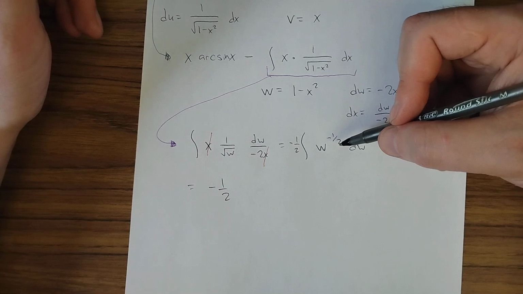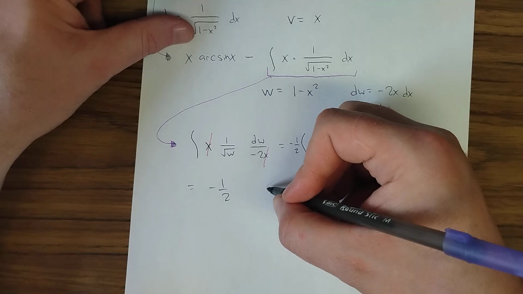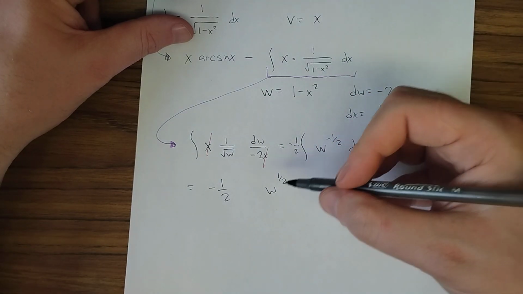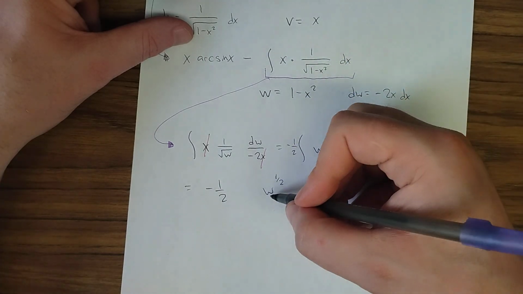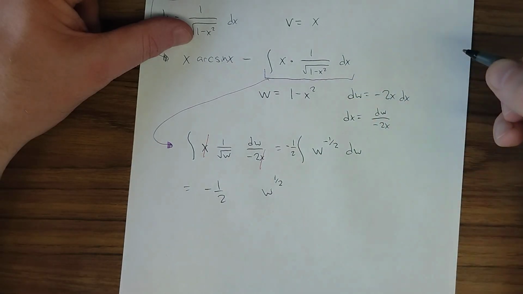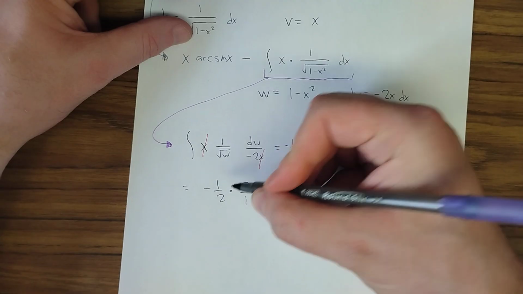How do I integrate a power of w? I increase the power by 1, so now it would be positive 1/2, and then I'm supposed to divide by that. I prefer to multiply by the reciprocal, so whatever the new power is, I put the reciprocal in front, and this is times.